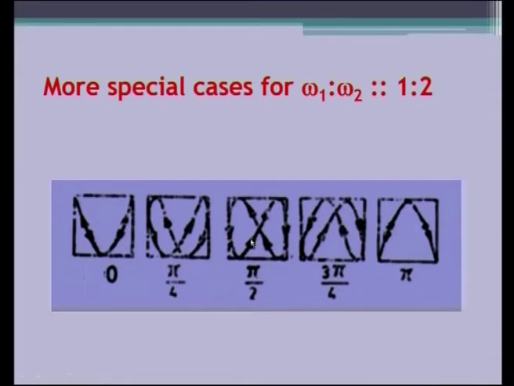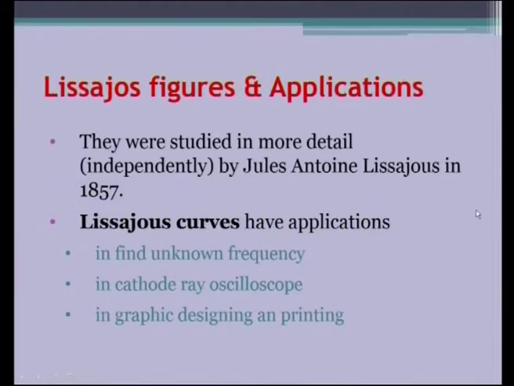Of course, higher order mathematics will be needed for the analytical approach, and of course, the graphical approach will be quite simpler compared to the analytical approach. So, based on the combinations, we can have a consolidated view of the different ratios also. Those are called Lissajous figures, and they have got lots of applications.